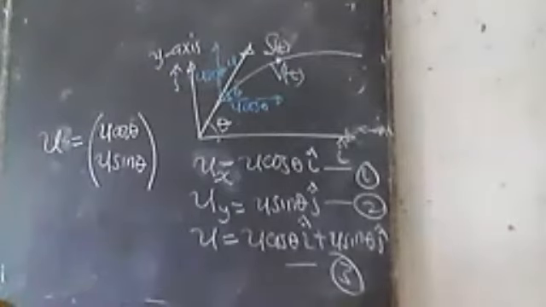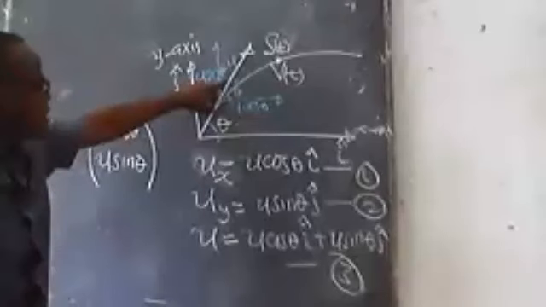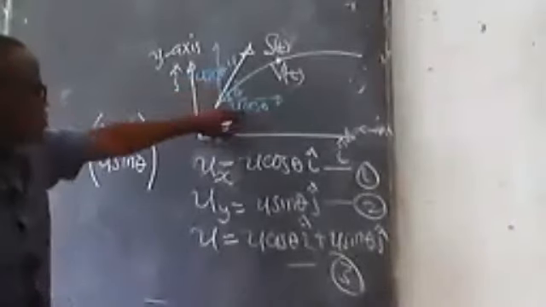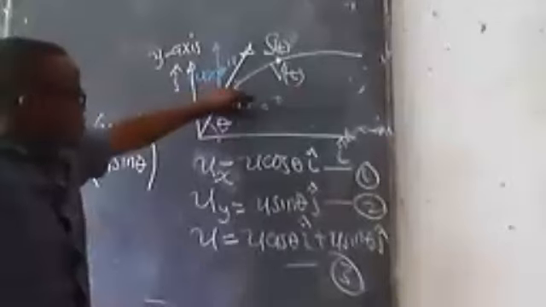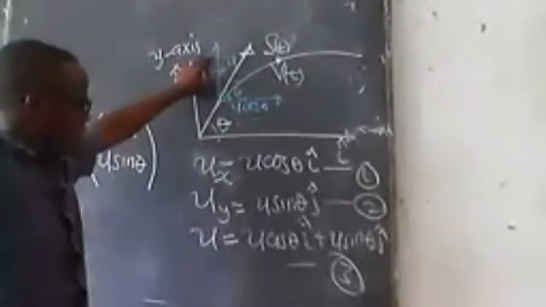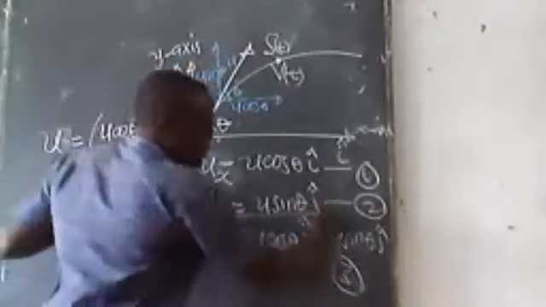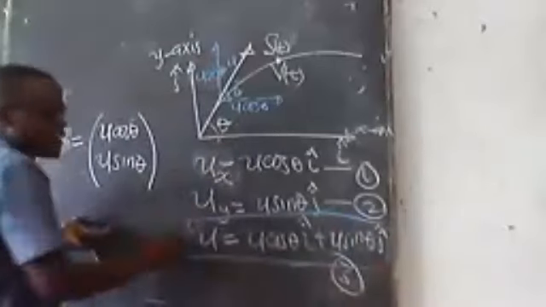Can you see that? Yes, teacher. We are simply resolving, finding the horizontal component and the vertical component. Then we are attaching the horizontal component to the I and the vertical component to the J, to have our initial velocity in that format of I and J.